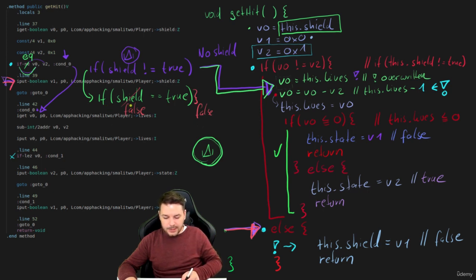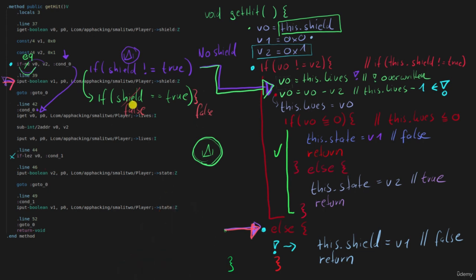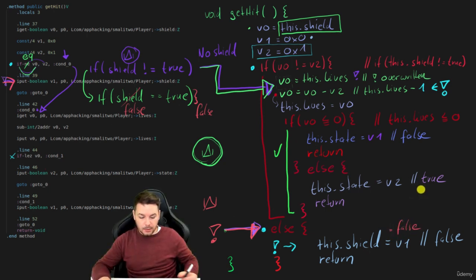If we are now not having a shield, so our player starts the game and the player does not have a shield. If the player does not have a shield, we get into this branch over here. And this means our shield will be false. All right, but this also means we are not losing a life because we are not getting into this branch over here.